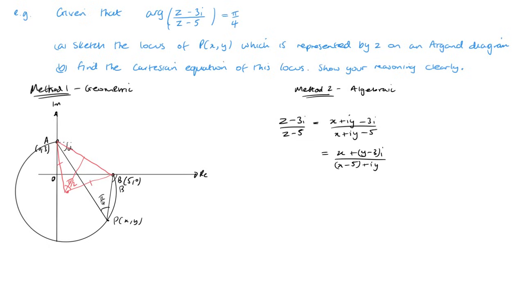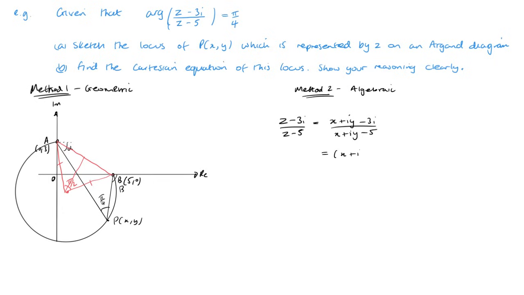But actually, before I write that, I'm just going to rub it out. I'm going to write that at the end. Because to deal with this fraction, I need to multiply by the denominator's complex conjugate pair, or z minus 5, if you remember, with a little star above it. So that's what I'm going to be multiplying by.